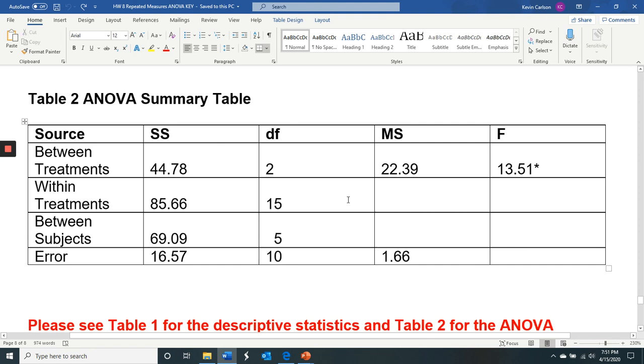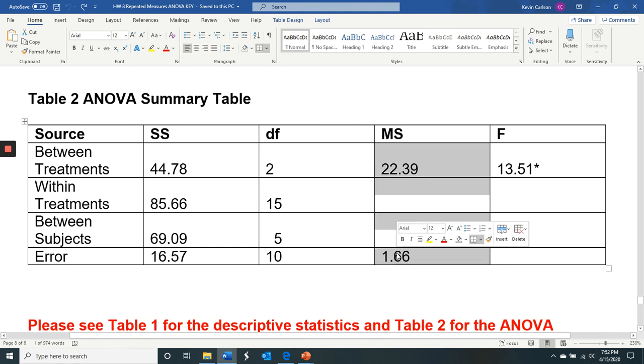And then we need two mean squares to find out our F. So we do the between treatments. We take sum of squares divided by degrees of freedom to get the mean squares. And we do it for error because that's on the bottom of the F formula. So we take the sum of squares divided by degrees of freedom to get the average mean square for error.